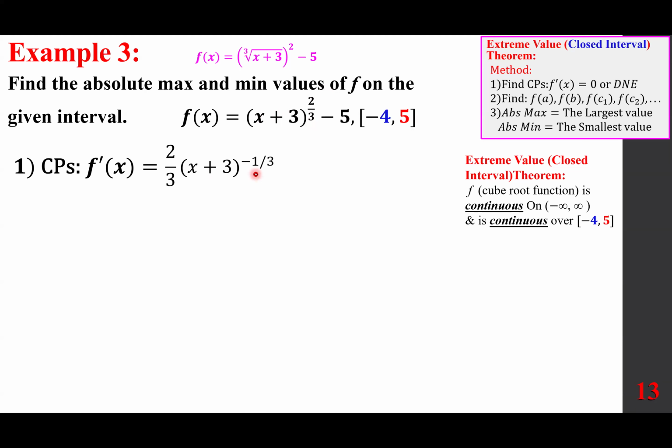So to go on with the rest of it, by setting it equal to 0 and finding where it does not exist, we are going to rewrite this so it becomes obvious what we are dealing with. This has exponent negative 1/3. Throw it to the denominator, make it positive 1/3. So it becomes 2 over 3 times (x plus 3) to the power of 1/3.